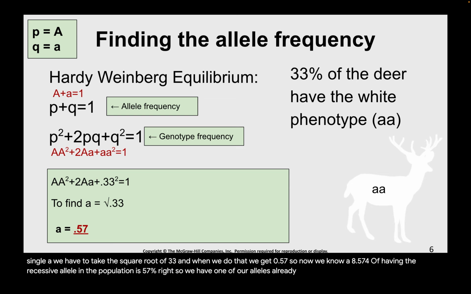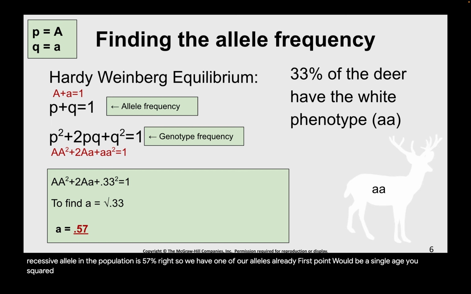Is 0.33 equal to Q squared? Yes, 0.33 is equal to Q squared. Q would be a single A. Q squared is the genotype, and we know the genotype is 0.33 of homozygous recessive, which is Q squared.